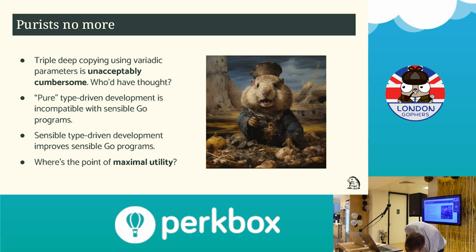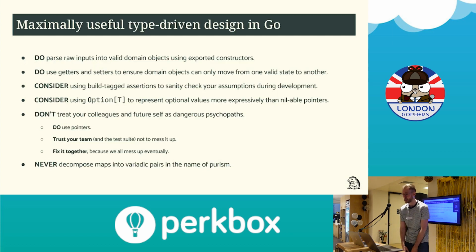So all that's left to do is find the point of maximal utility. Where is this most useful to you as an actual reasonable software developer in your day-to-day work? Do pass your raw inputs into valid domain objects and use exported constructors so that these objects, when they're out beyond the confines of the domain, can only move from one valid state to another.